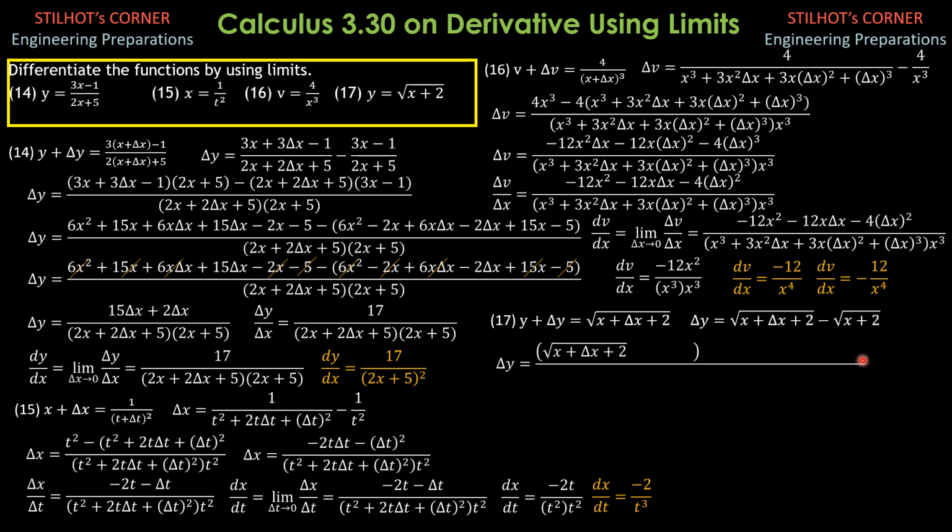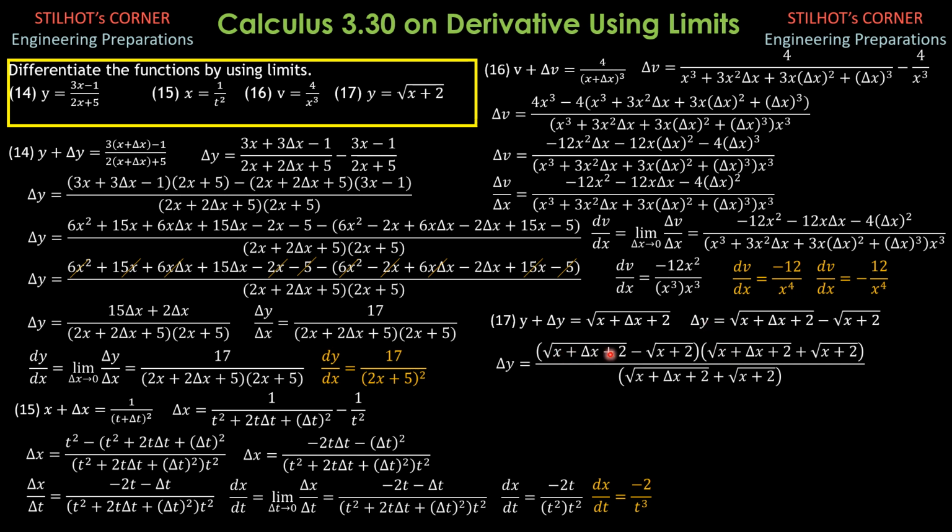So delta y equals square root of quantity x plus delta x plus 2 minus square root of x plus 2 times square root of x plus delta x plus 2 plus square root of x plus 2, all over square root of quantity x plus delta x plus 2 plus square root of x plus 2. So remember that x plus y times x minus y is simply x squared minus y squared.